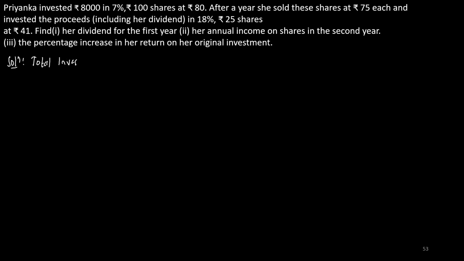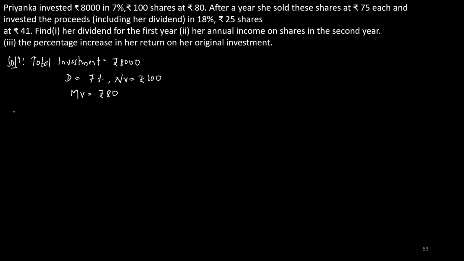Total investment is rupees 8,000. Dividend is equal to 7%. The nominal value of a share is rupees 100, at rupee 80, so market value is rupees 80. This much is known to you.